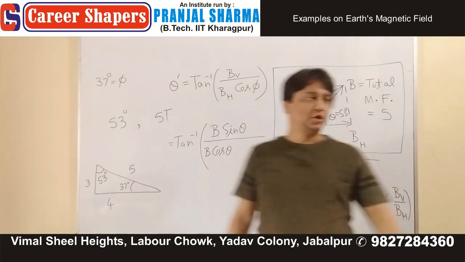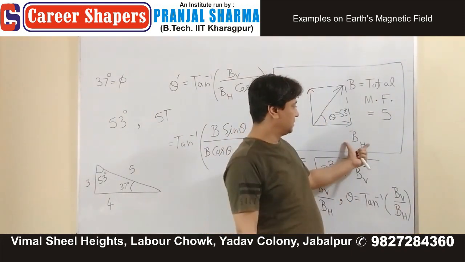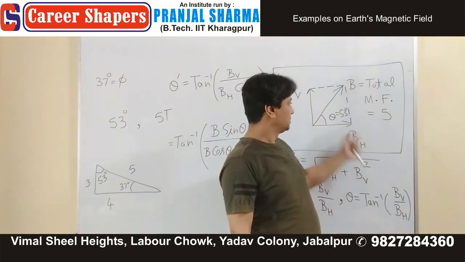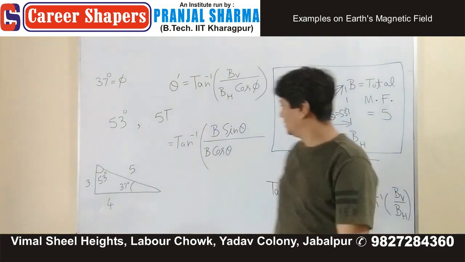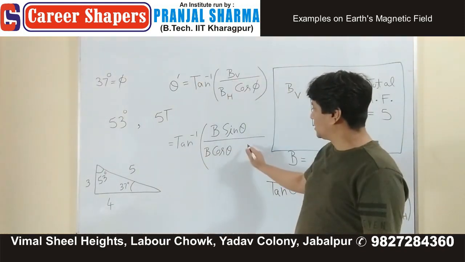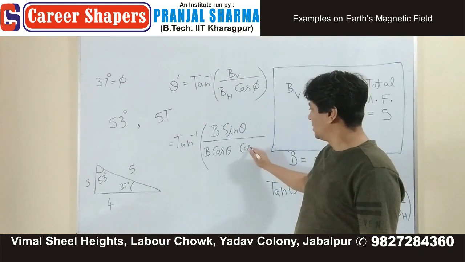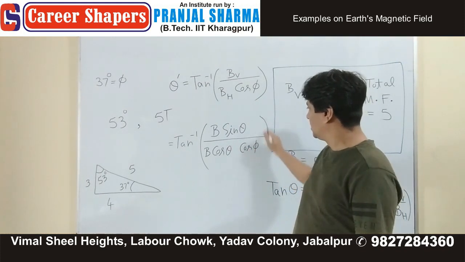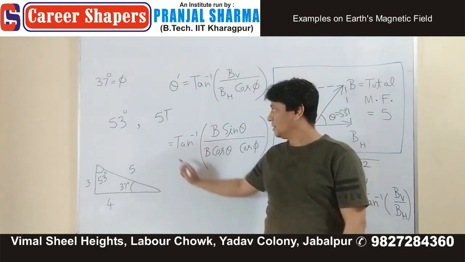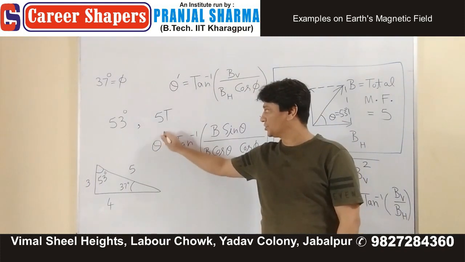So I've not given you these values directly. What is BH? B cos theta. Then you have a term of cos of phi. Done. That's your theta dash.